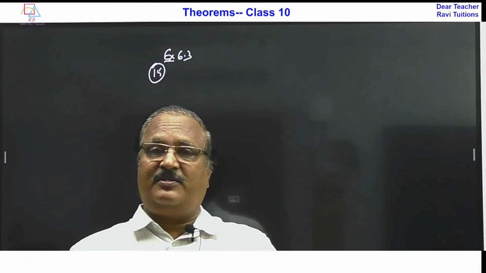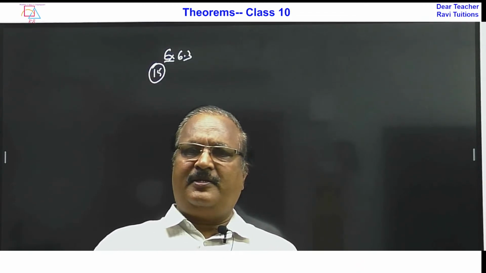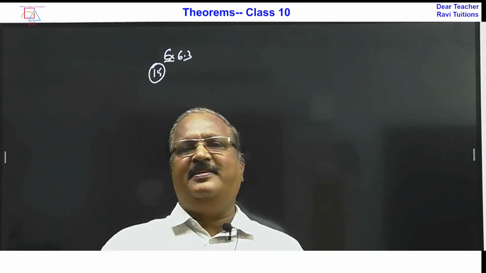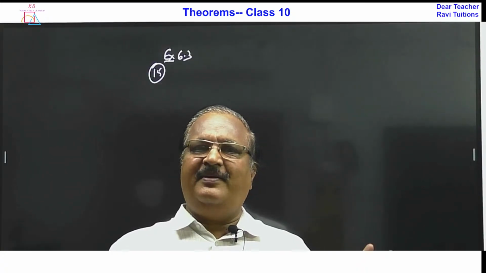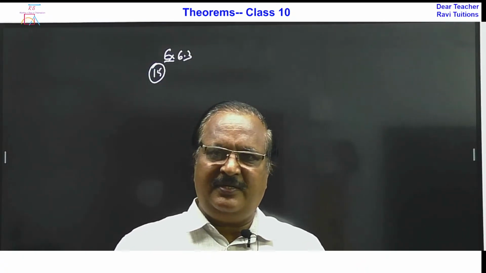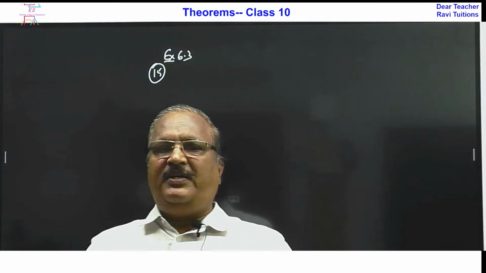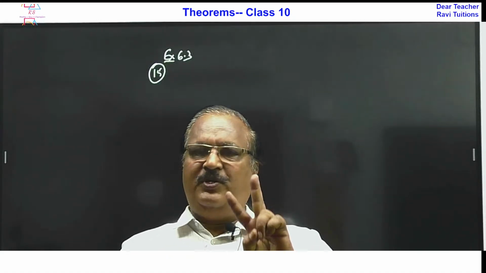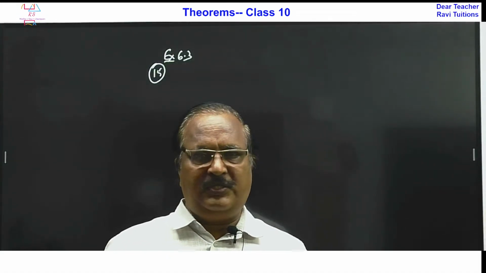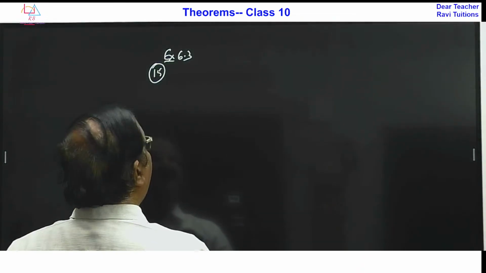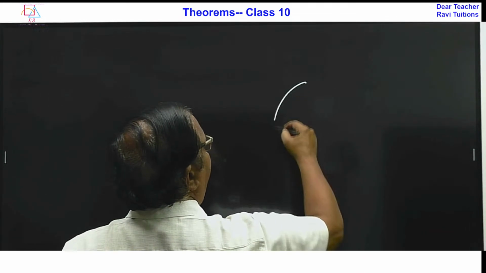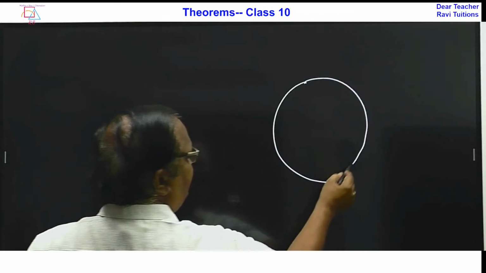Okay, other triangle AAA, SSS, SAS, similarity rules are there, but I am not giving a preference to those theorems, right? So even in the circles, we have only two theorems, right? So I'll just give you a fast revision in the circles concept.